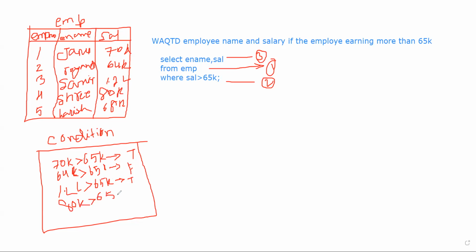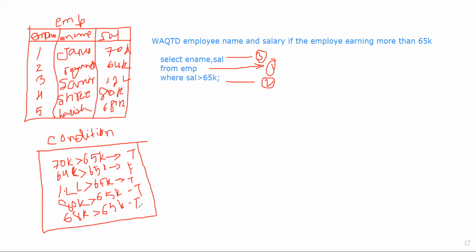Condition is true. Again, it will check the 68K. This is also true, right? Greater than 65. Then how many have true?